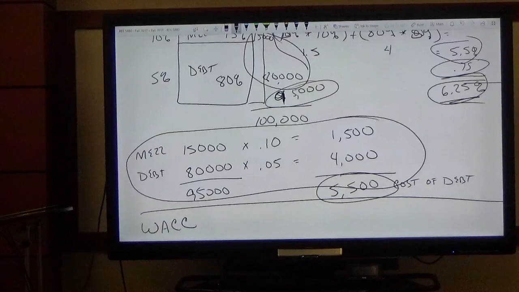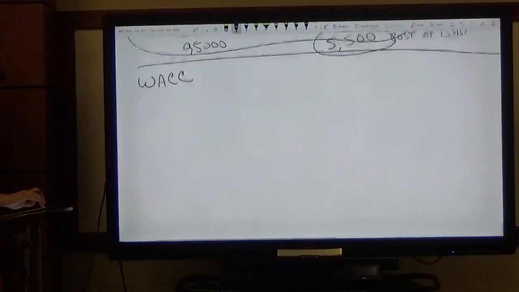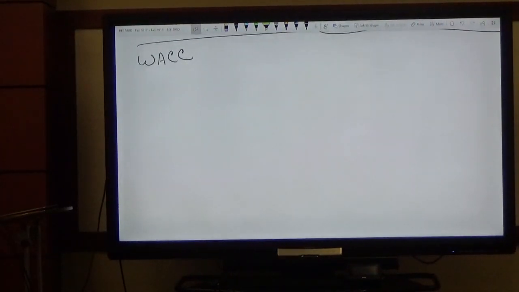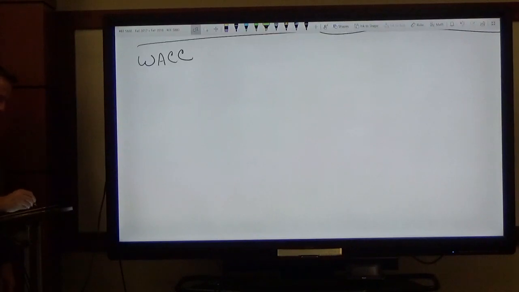Now what we're doing is we're kind of going back, we're sort of saying, okay, let's put all this together in terms of a weighted average cost of capital. So here, we can handle this a couple different ways.